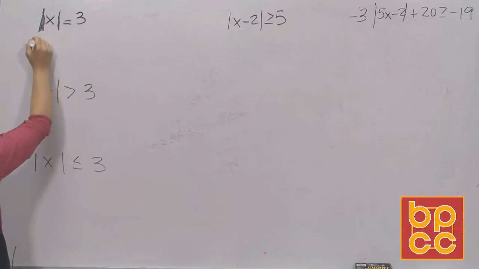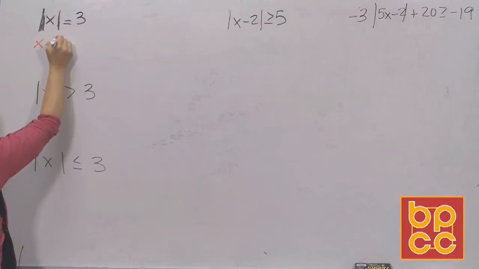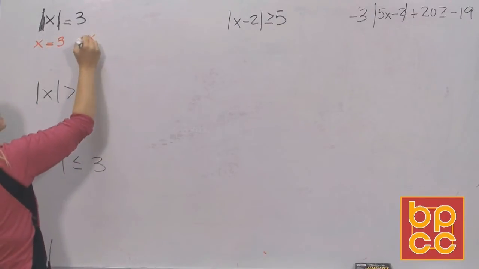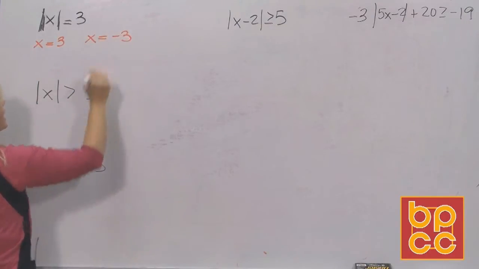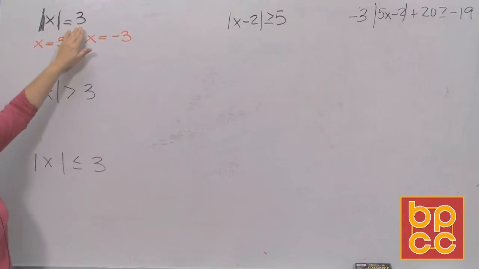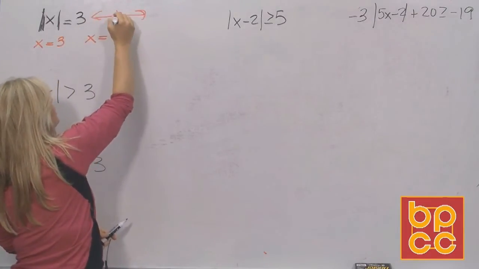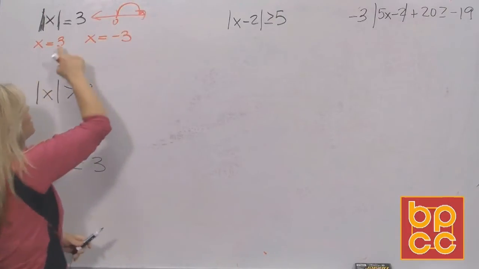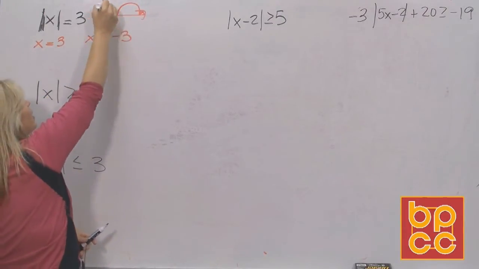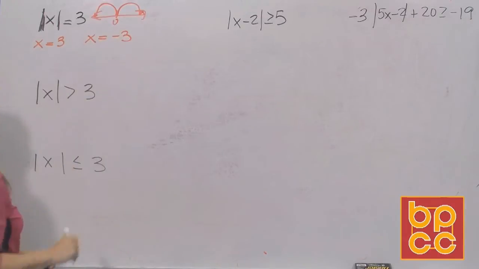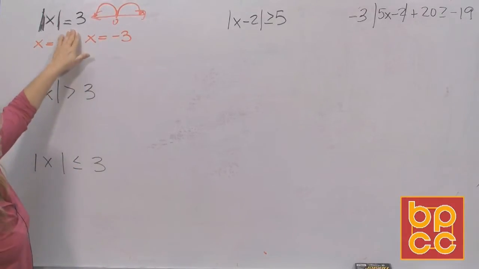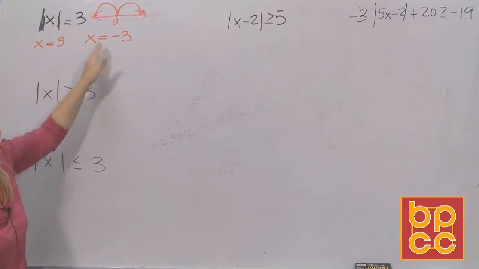So what you're saying is what's inside there could equal 3, or what's inside there can equal -3. Because if this is your distance from 0, here's your number line. If I move 3 to the right, I'd be at +3. If I move 3 places to the left, I'd be at -3. So because that's an equation, we have two solutions.